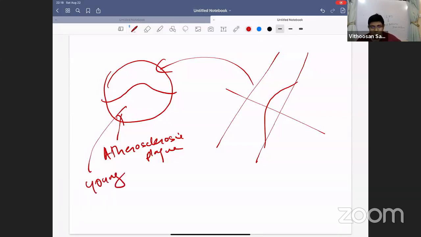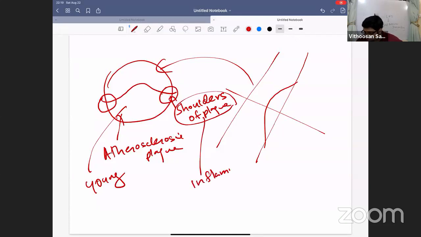It is there only for a short time. Plus, at these borders, these edges, which you call the shoulders of the plaque, there is something called inflammation.